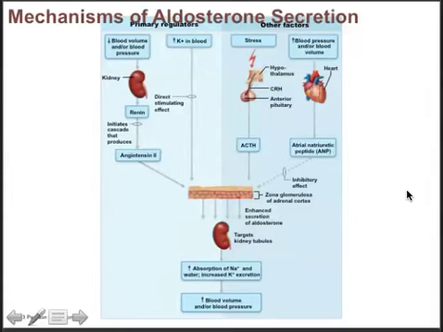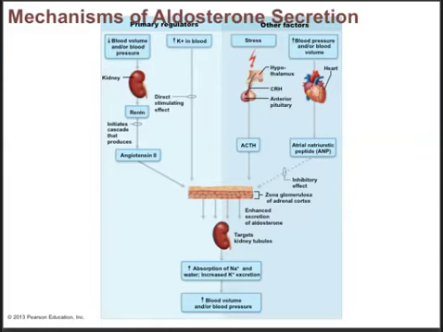Now, one of the things that we need to be aware of is something called the renin-angiotensin-aldosterone system that acts to regulate our blood volume and blood pressure. It responds to decreased blood pressure by stimulating the kidneys to release renin, which triggers the formation of angiotensin II, which is a potent vasoconstrictor and stimulator of aldosterone release. It also promotes thirst.